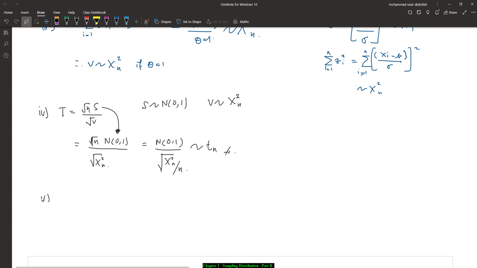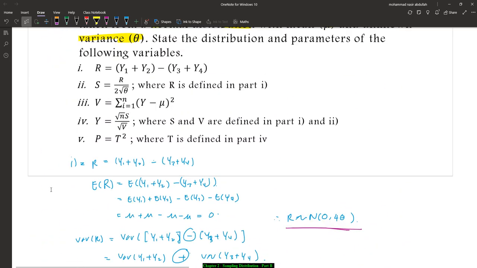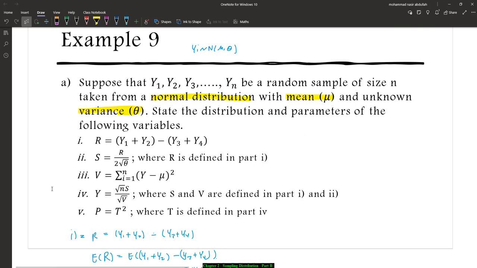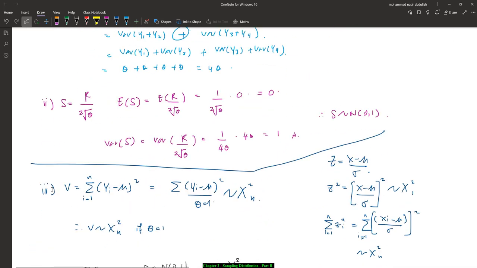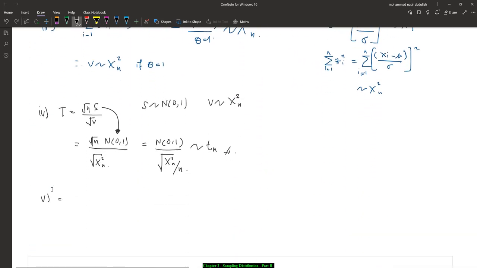So V pula ni, this is number 5. Number 5 says that P is equal to T squared. So we want to find P equal to T squared. So this one should be, T is defined as this one lah, with n degrees of freedom kan.